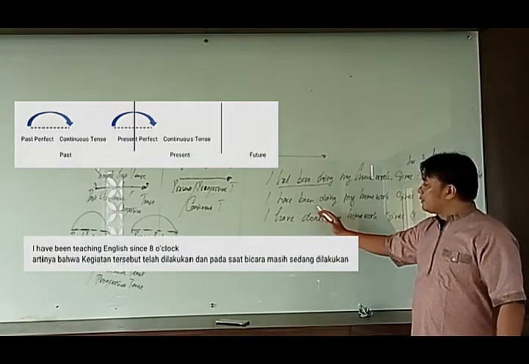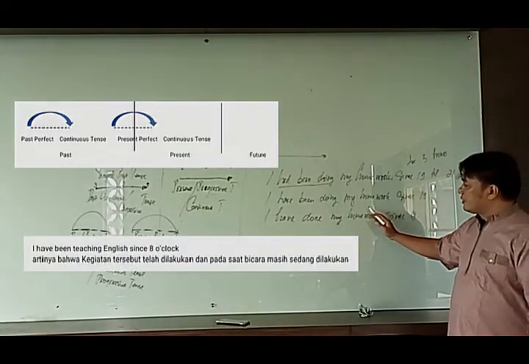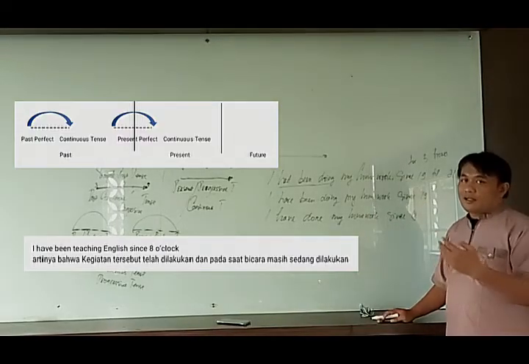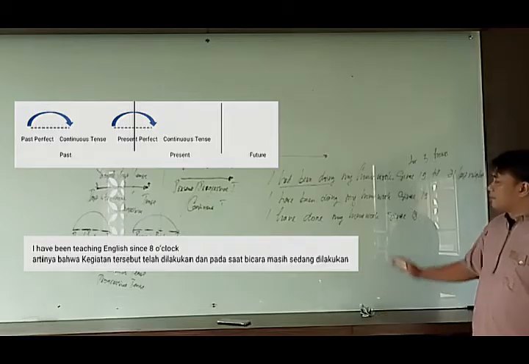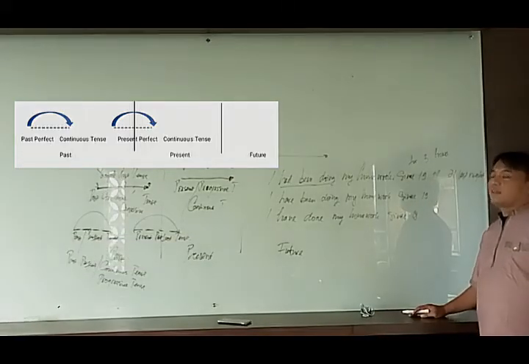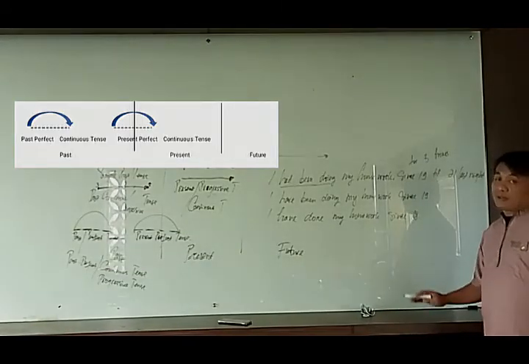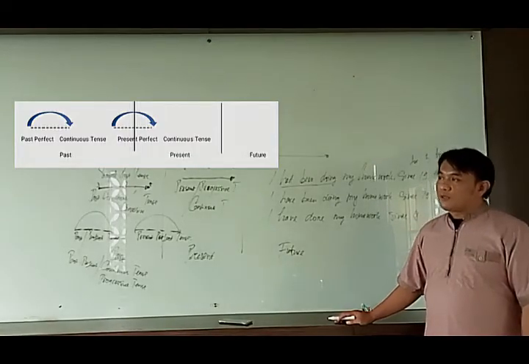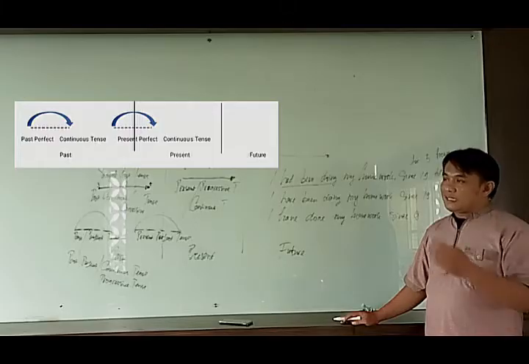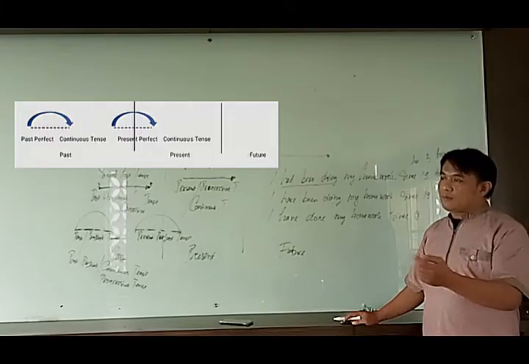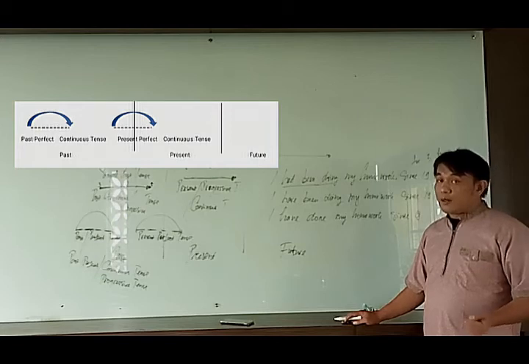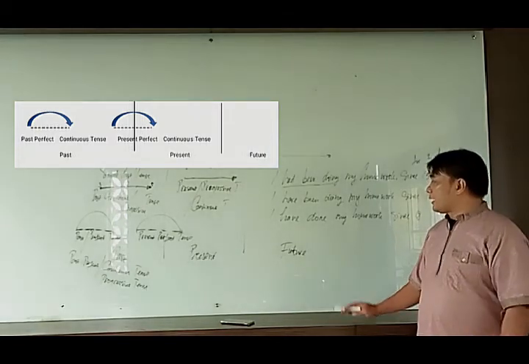I have been teaching English, teaching tenses since half an hour ago. Kalau ini tidak menerangkan sedang, jadi bisa dikatakan untuk sesuatu yang telah terjadi dari waktu lampau sampai sekarang, yaitu barusan atau baru mau selesai, boleh pakai ini.